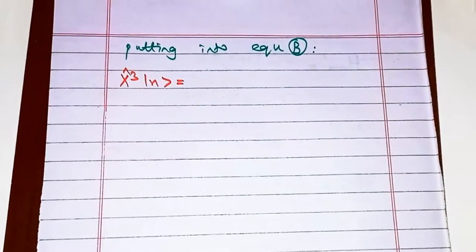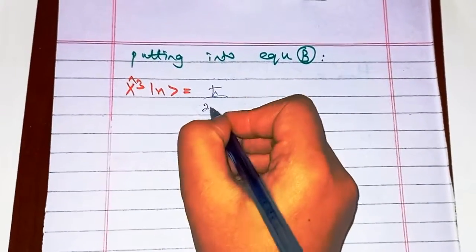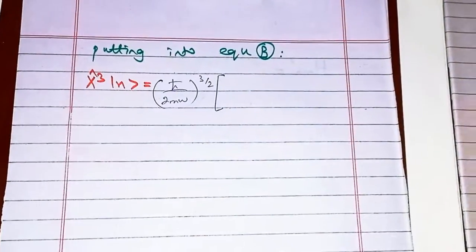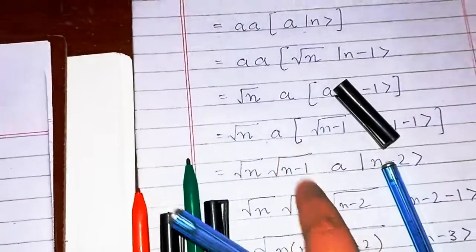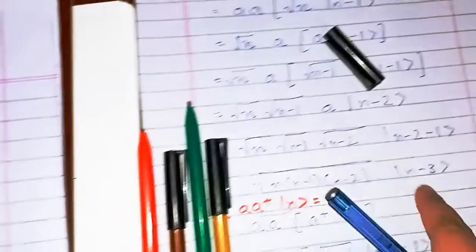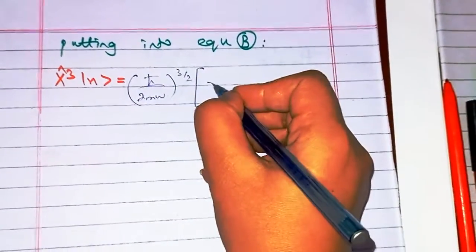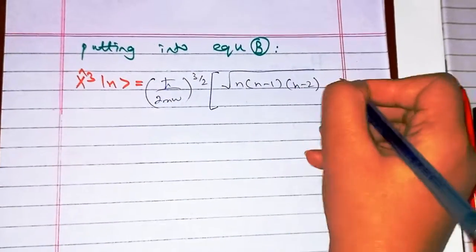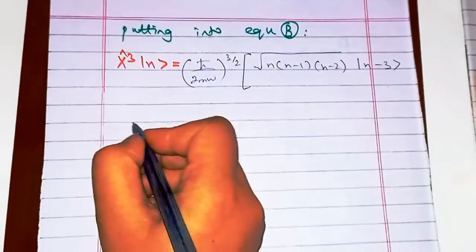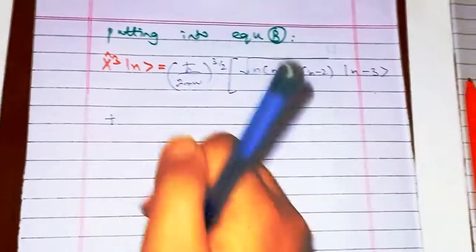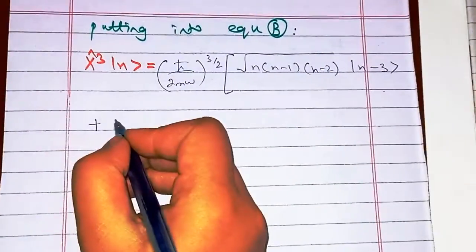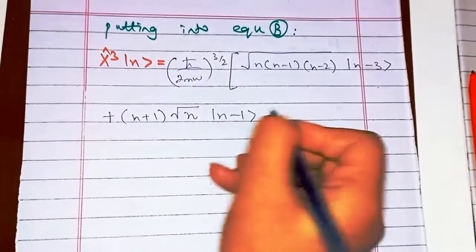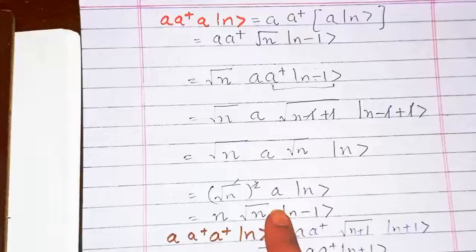So we have h cut by 2m omega whole power 3 by 2. Now let's put all these values one by one. First is this term, so that is equal to this, so let's put it right here. It's under root n into n minus 1 into n minus 2, and ket is n minus 3, plus the second term, which was this one, it's n plus 1 under root, n minus 1 is the ket, plus the third term, which is this.